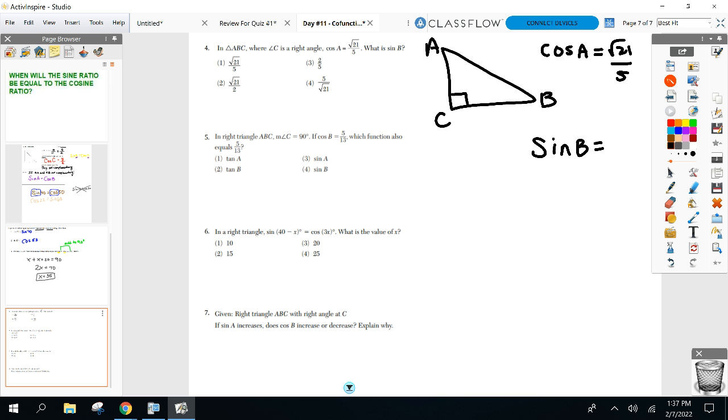Cosine of A is the same as the sine of B. So what's my sine of B? Radical 21 over 5. You would have written this down: cosine A equals sine B. Cosine A is radical 21 over 5, so it's got to match on the other side. Radical 21 over 5.